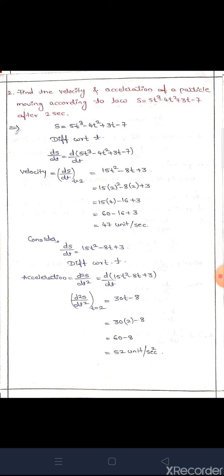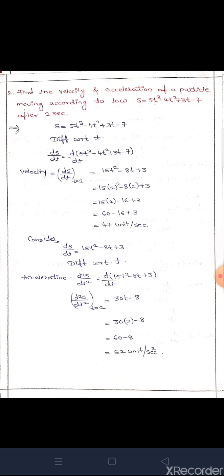So 15 into 2 square minus 8 into 2 plus 3. 15 into 2 square is 4, minus 8 into 2 is 16, plus 3. So 15 into 4 is 60 minus 16 plus 3, you will be getting 47 unit per second.